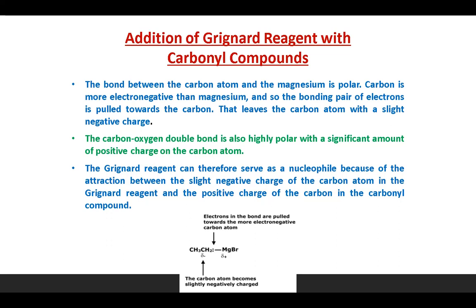The carbon-oxygen double bond is also highly polar, with a significant amount of positive charge on the carbon atom. So, the Grignard reagent can serve as a nucleophile, because of the attraction between the slight negative charge of the carbon atom in the Grignard reagent and the positive charge of the carbon in the carbonyl compound.